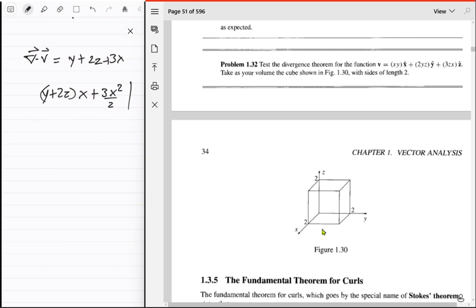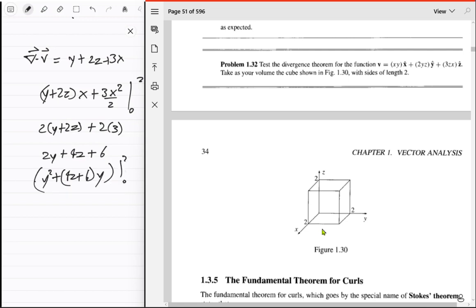The function depends on x, y, z, so x goes from 0 to 2, which gives 2 times (y plus 2z) plus 2 times 3, so 2y plus 4z plus 6. Then integrate through y: y squared plus 4z plus 6 times y, from 0 to 2, treating z as constant. Yes, that makes sense.